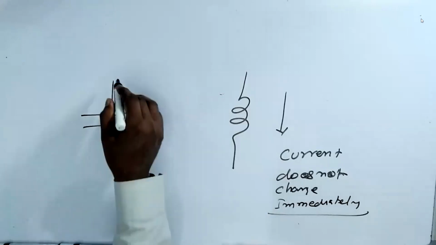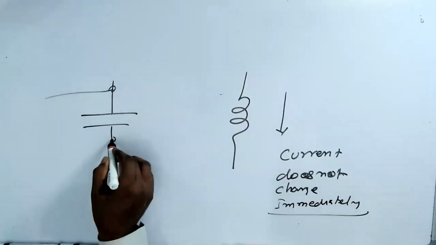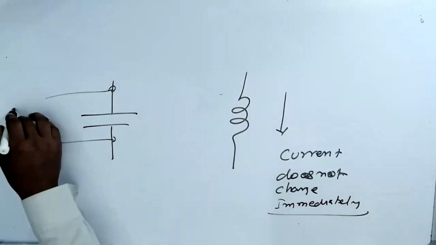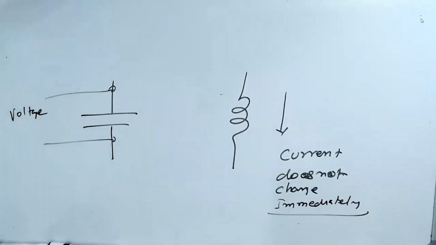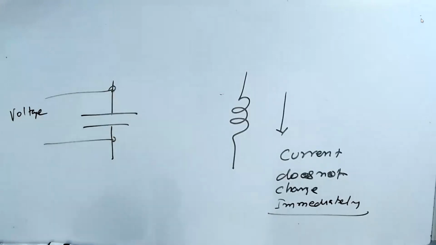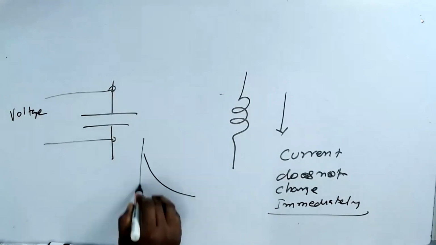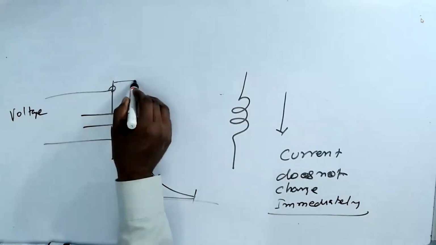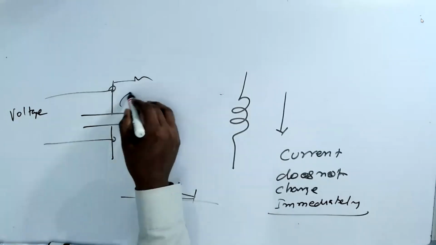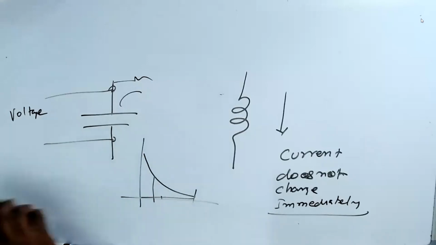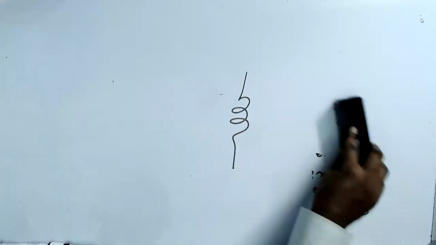In the capacitor, the voltage will not change immediately. Once you charge a capacitor, it will discharge slowly. It will take some time to discharge, depending on the resistor and the load. So the capacitor's voltage does not change immediately, and the inductor's current does not change immediately.